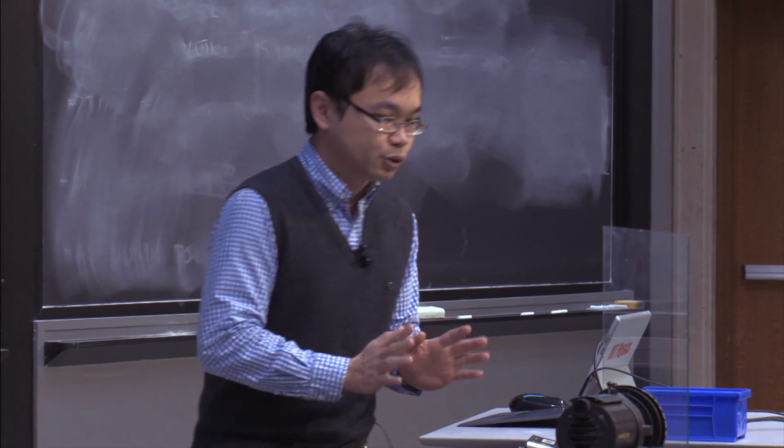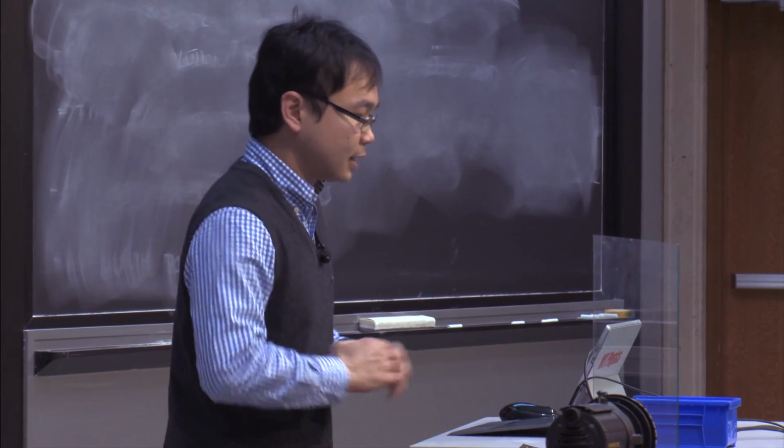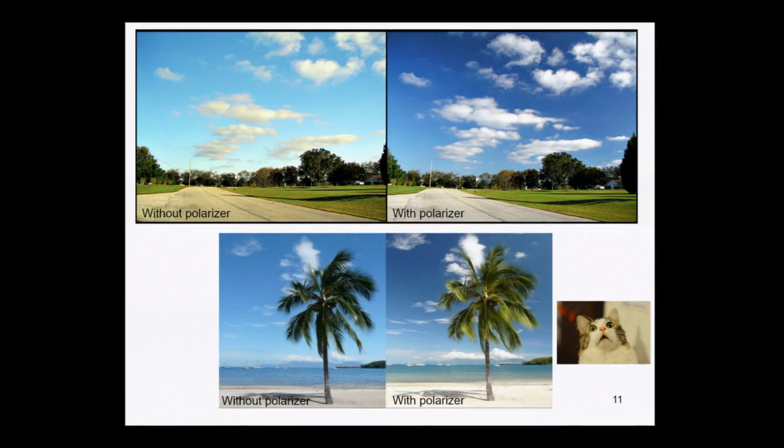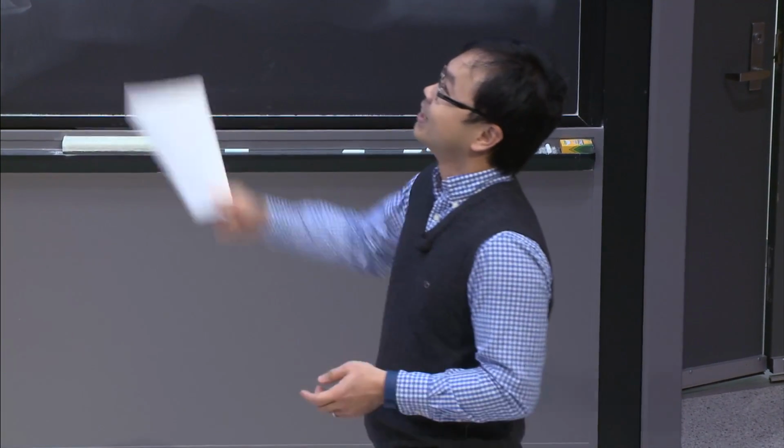So the first thing we would like to discuss is how to make a very good contrast when you take a photo of the sky. As you can see, the left-hand side is a photo taken without a polarizer, and the right-hand side is a photo taken with a polarizer.